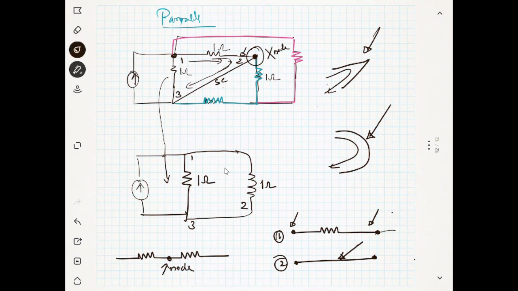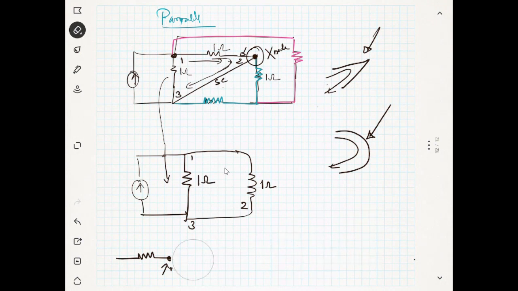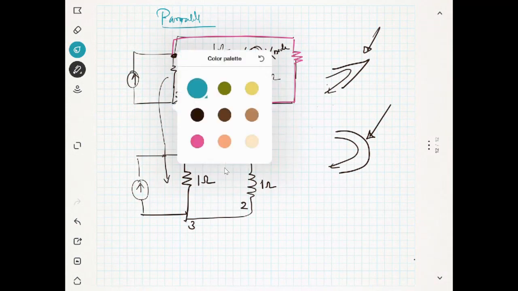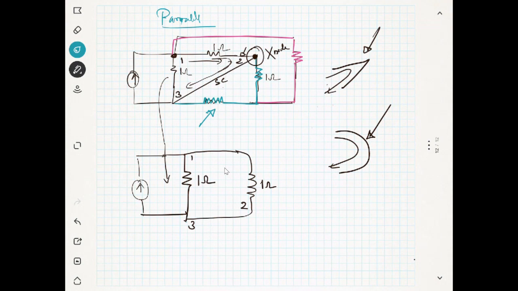You understood? So now I will remove this. Use a different color. You have this resistance. You can see this is your point number 3. Now, how many are there between these 2 points? I will start from point number 3. First of all, I will consider this resistance here, and another resistance which is again going into point number 3.